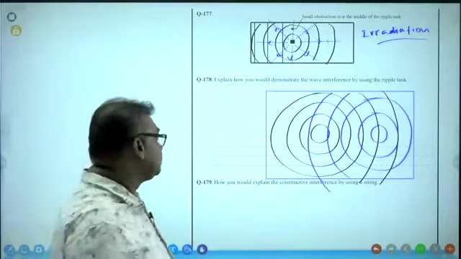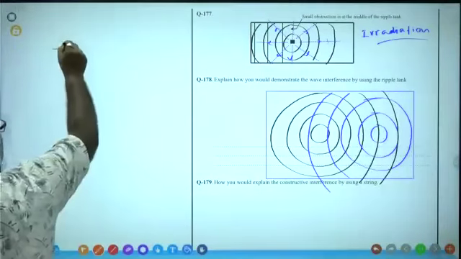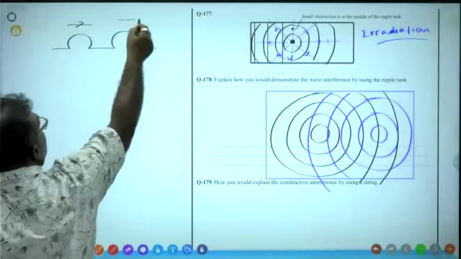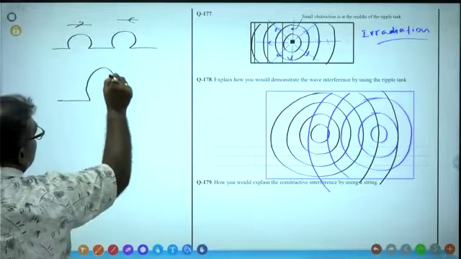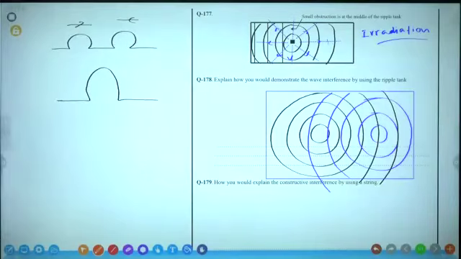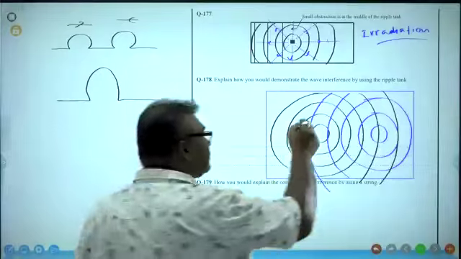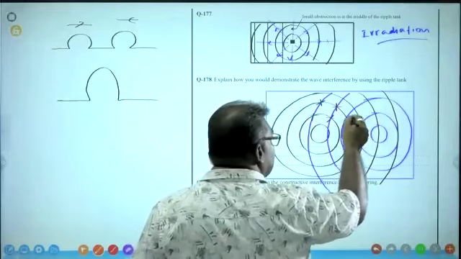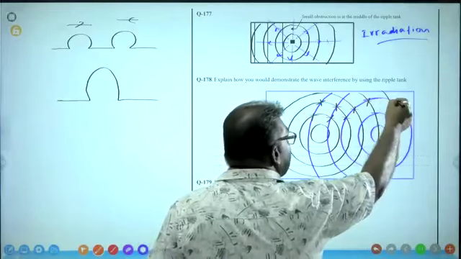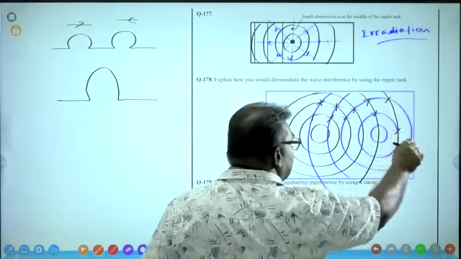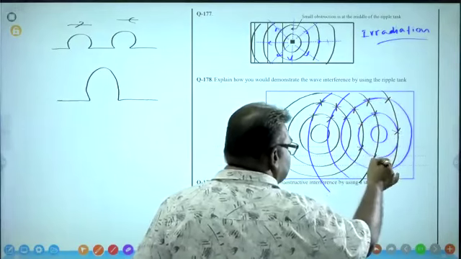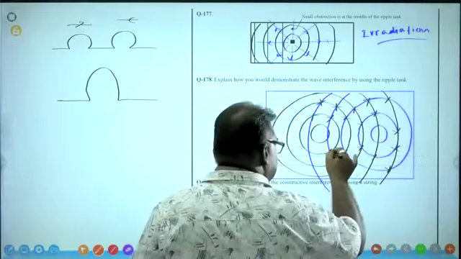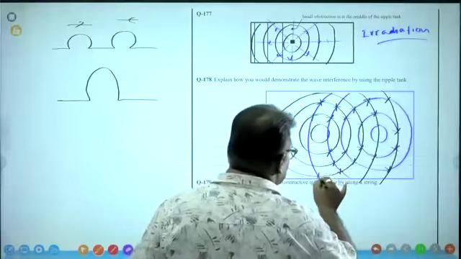When the crests meet like this, here we have a crest, here we have a crest, traveling in opposite directions, the amplitude of the crest increases. At the points where they are intercepting each other there will be sharpness. We can see these regions have relatively high brightness.